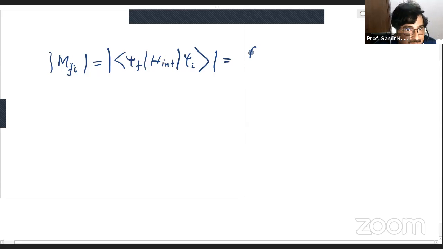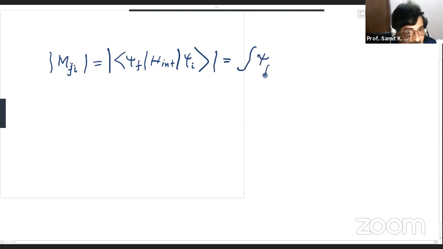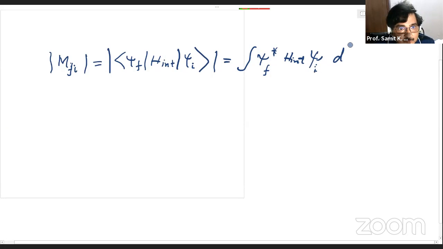If you write in the integration form, that is psi_f star, and this is the H interaction part, and then your psi initial, and then you have to perform this integration all over the space, that is dr. So this is your matrix element. Now we have to find out what is the form of the wave function and what is the form of this interaction between these two states, because I mentioned this is the two state problem.